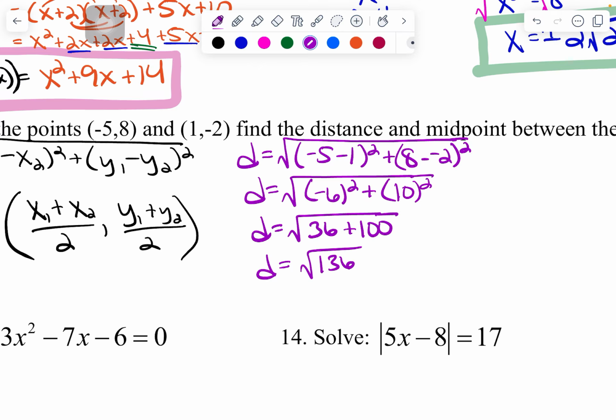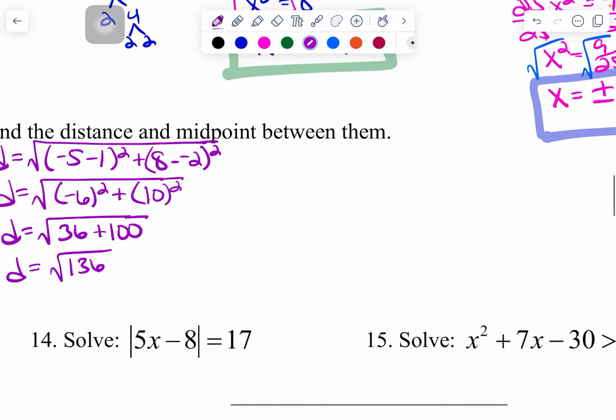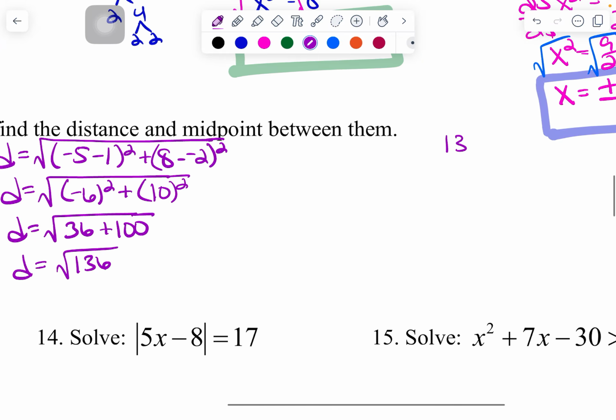I'm pretty sure I can divide something out of that mess. So let me give myself some space over here. 136, I'm going to chop it in half. It's not going to be 70, I think it's 68. Let me double check that. 68 times 2, yeah, that's right.